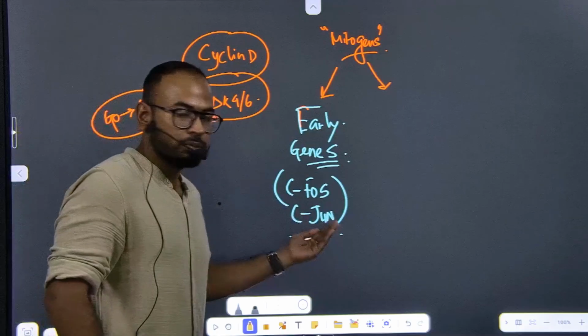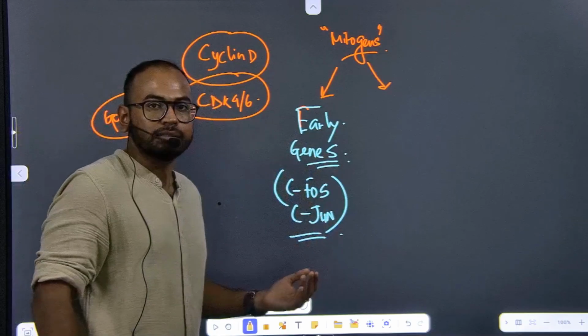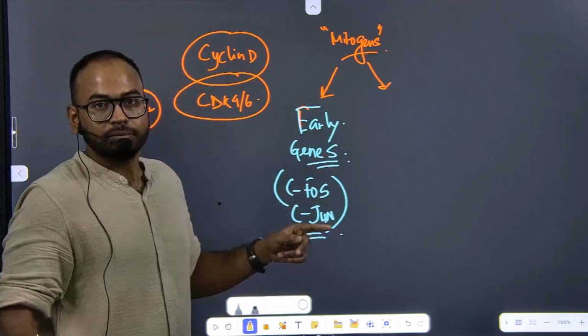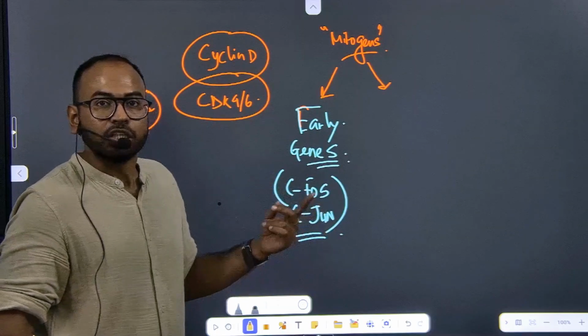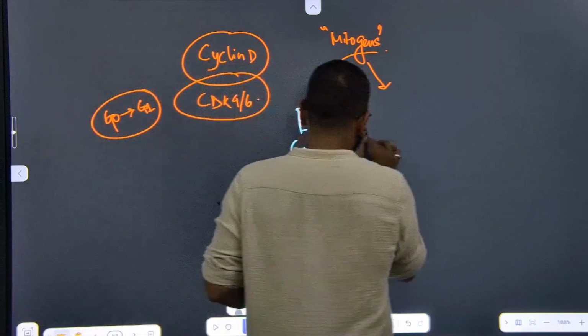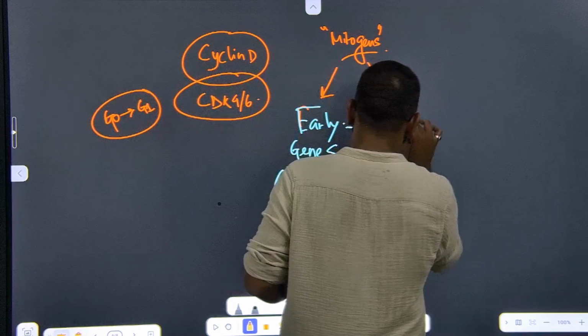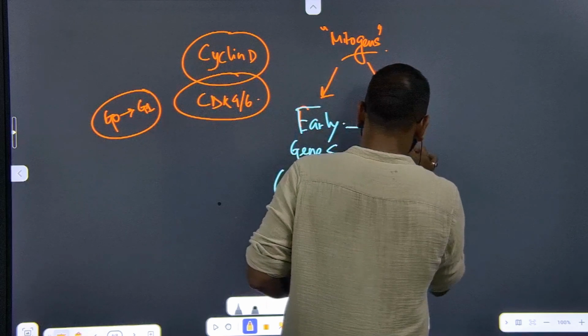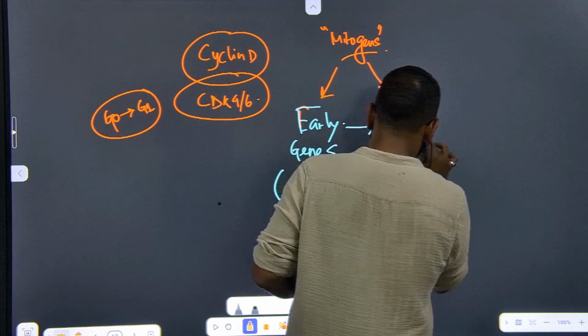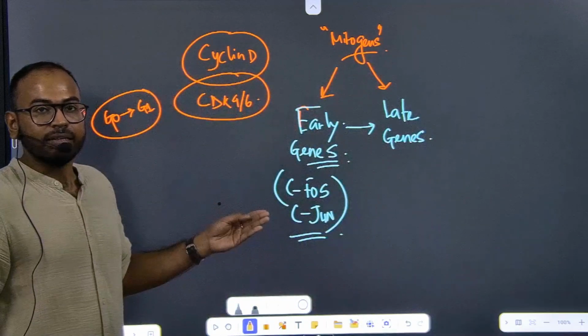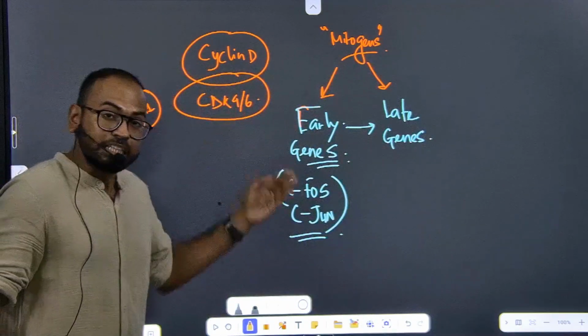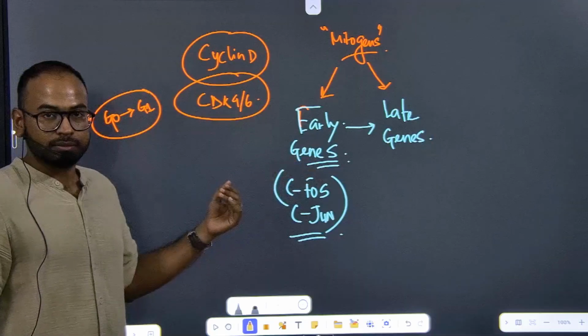Early genes or immediate genes are furthermore initiating the activation of late genes. They are furthermore activating the transcription of late genes.